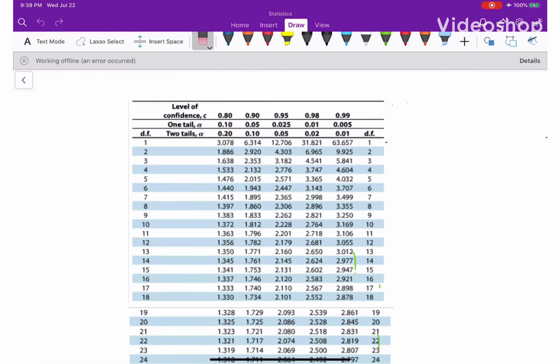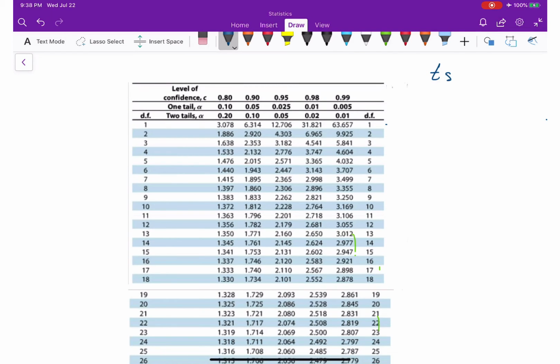We are going to learn how to work with t-score. To understand t-score, it's working the same way as a z-score, which means we are working with the table.